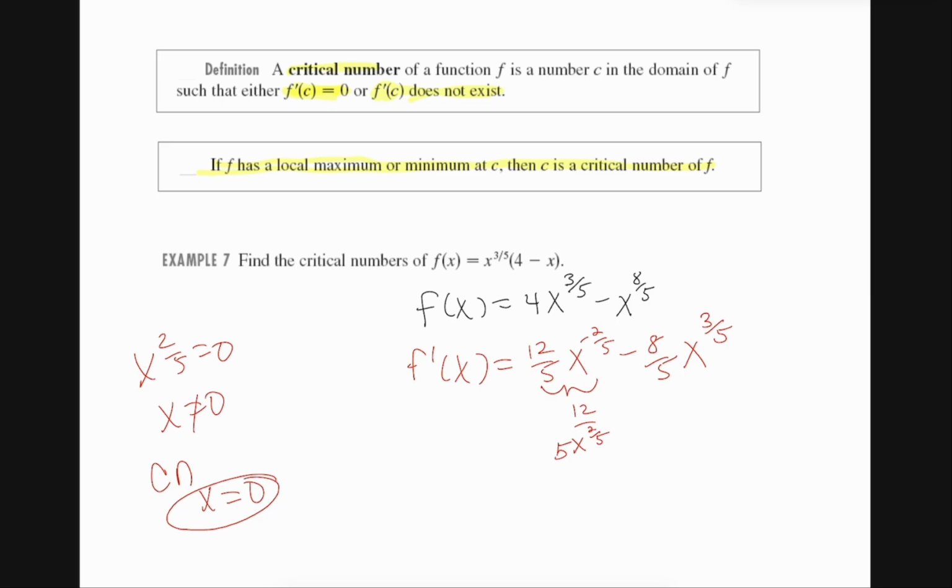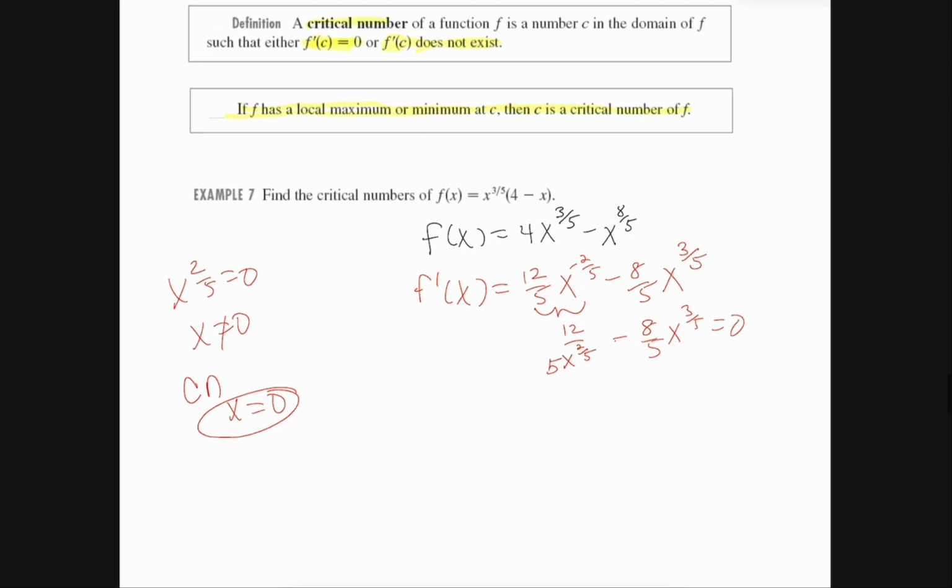Our next critical number is where this quantity is equal to 0. So let's focus on that for just a second. Let's multiply everything through by an x to the 2 fifths so that we can bring that x to the 2 fifths out. And let's actually multiply by 5 too to get rid of our fractions.